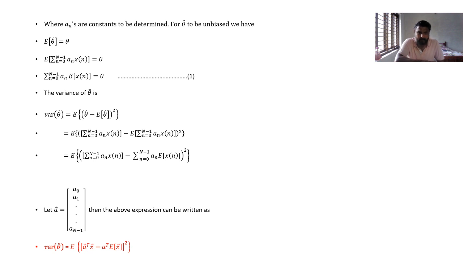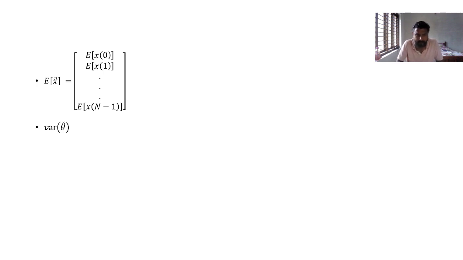I think it's clear. That is the expectation of A transpose x minus A transpose expectation of x, the whole square. Let E of x be nothing but E of x of 0, expectation of x of 1, etc., expectation of x of n minus 1. Then your variance of theta cap can be rewritten as the expectation of A transpose x minus expectation of x, the whole square.